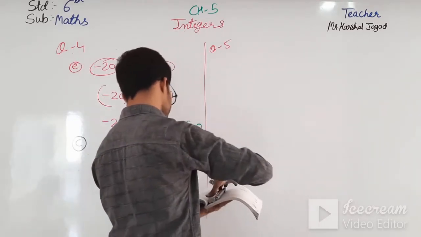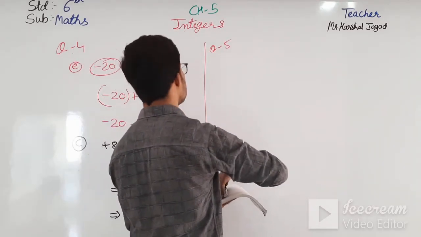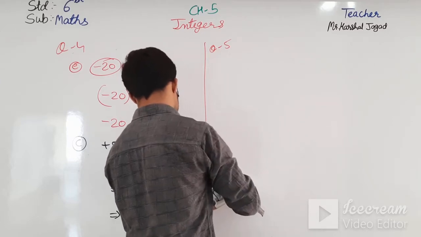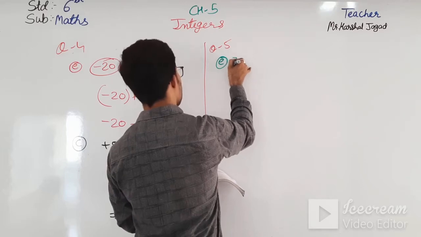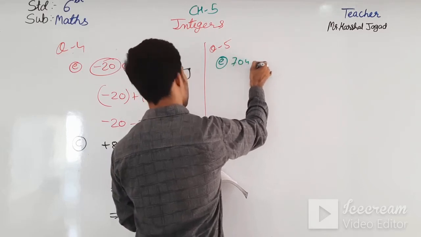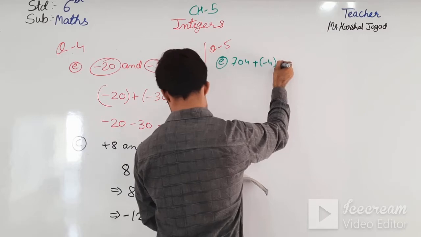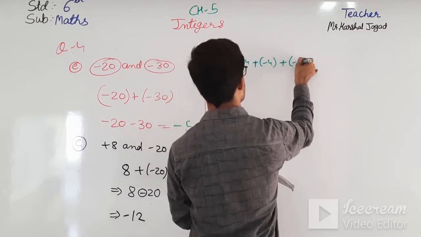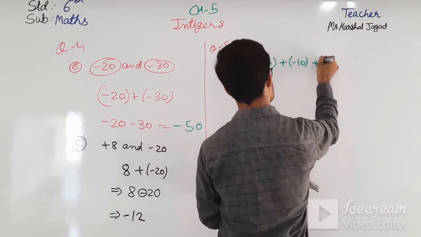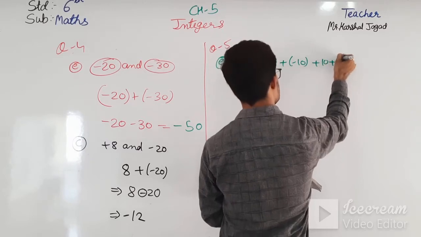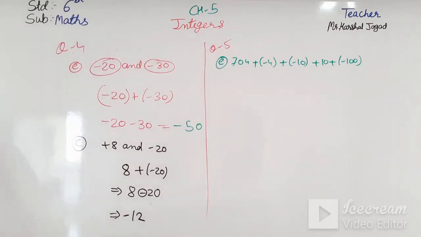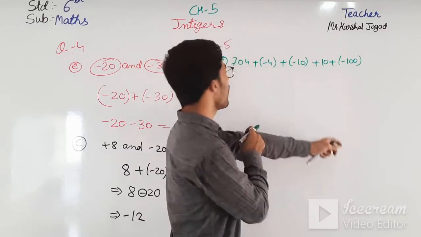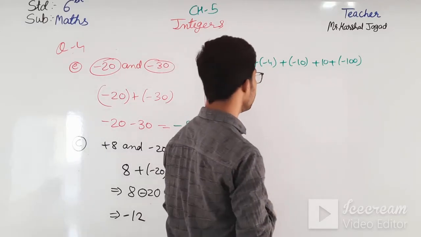From that I will take E. Question 5E: 704 plus minus 4 plus minus 10 plus 10 plus minus 100. Okay, students, this is question 5E.